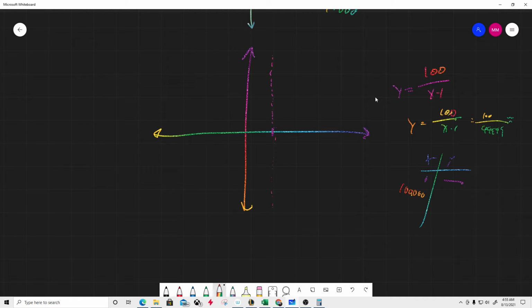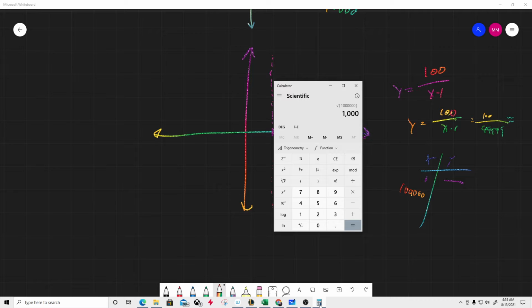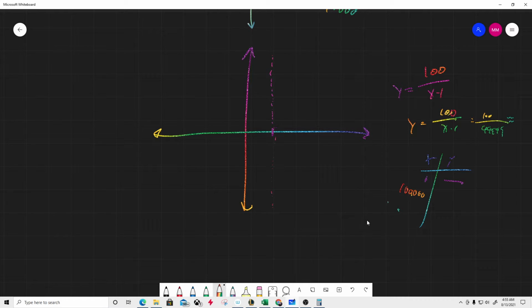It's going to get near there, but it's not gonna quite be there. So let's do 100 divided by 99,999. See how it gets to about 0.001? Again, let's try 10 million.